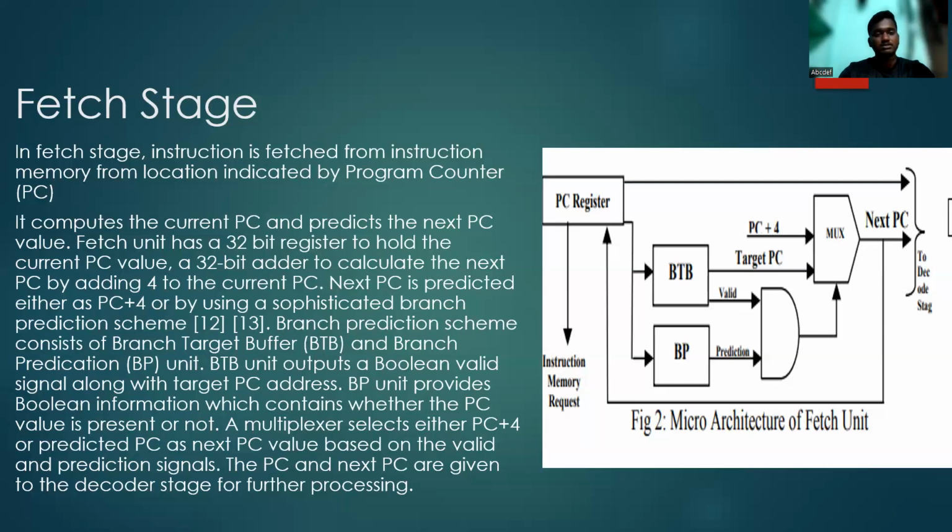BP unit provides Boolean information which contains whether the PC value is present or not. The multiplexer selects either PC plus 4 or predicted PC as the next PC value based on the valid and prediction signal. The PC and the next PC are given to the decode stage for further processing.